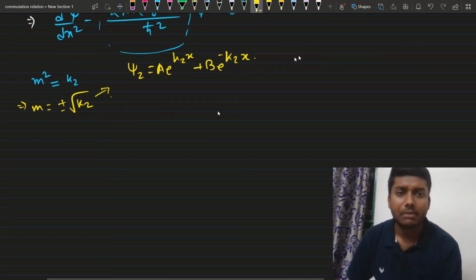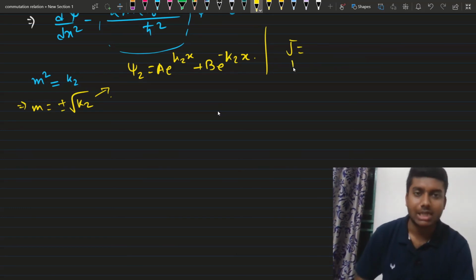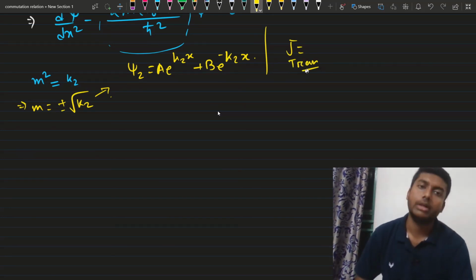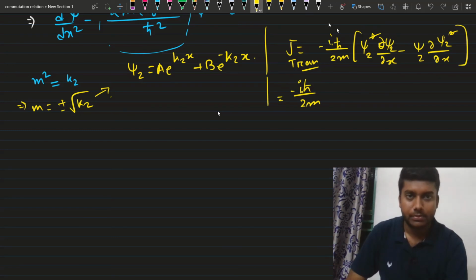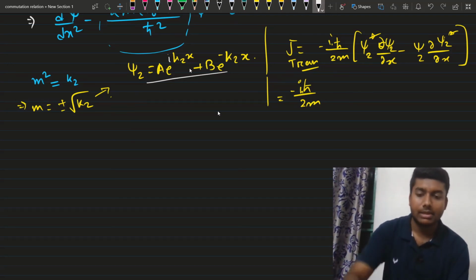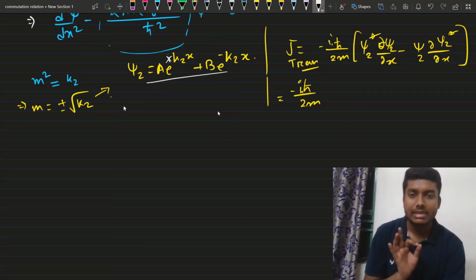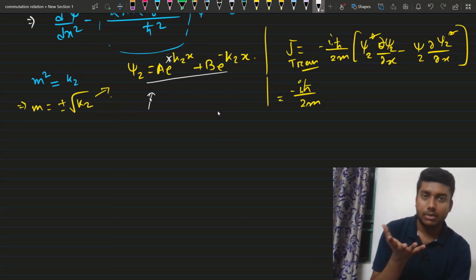Now what is the value of j? Let us find the j transmittance. You can easily understand that psi2 is a real thing, there is no i term, so this is purely a real number.